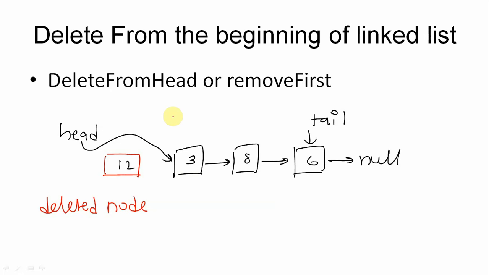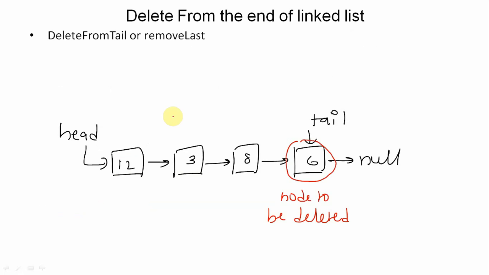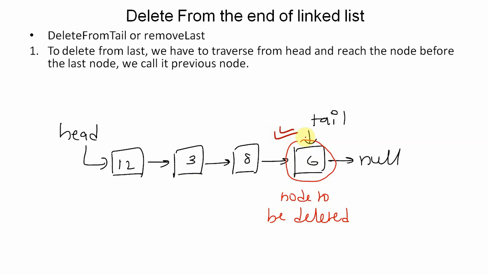We want to update this particular next reference to null, and then we want to update tail to refer to this particular node. So what we'll do? The previous node's next reference will refer to null, and tail will now refer to the previous node. See, we have updated both the references, tail as well as the next reference of the second last node, and this particular node is now deleted from the linked list.